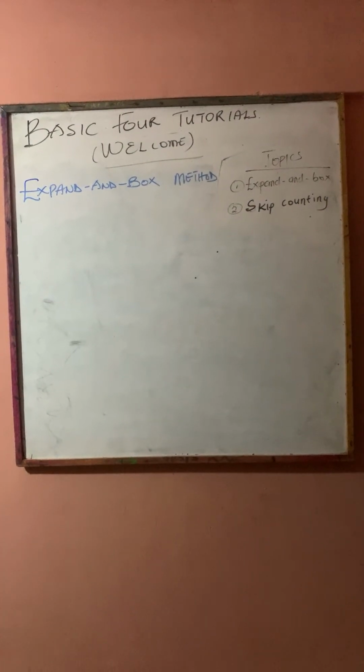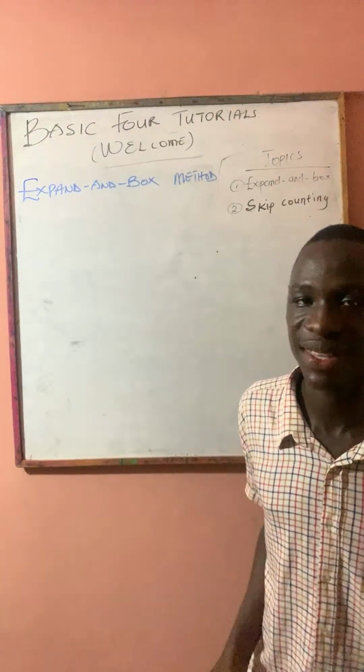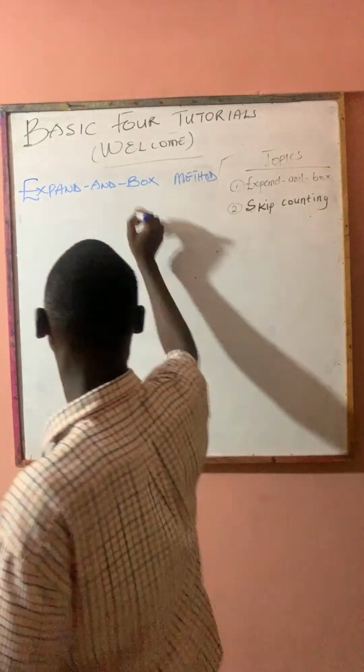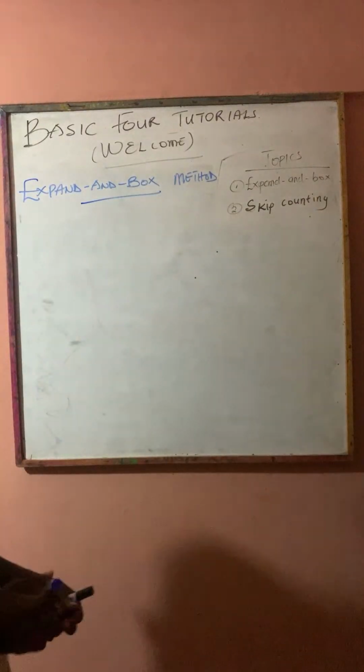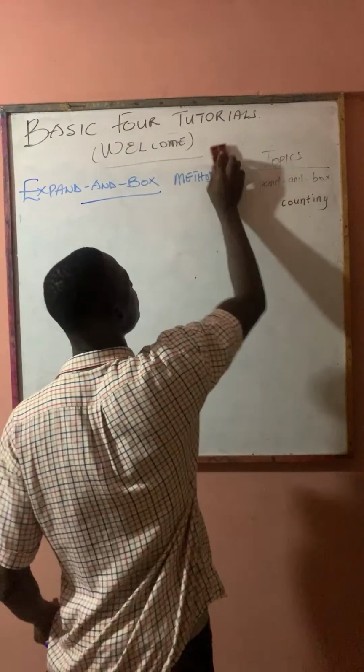All right, so let's move on to our last topic, expand and box. That is also called the partial decomposition method. Okay? Now, as the name suggests, expand and box. Let's write a few steps under expand and box.